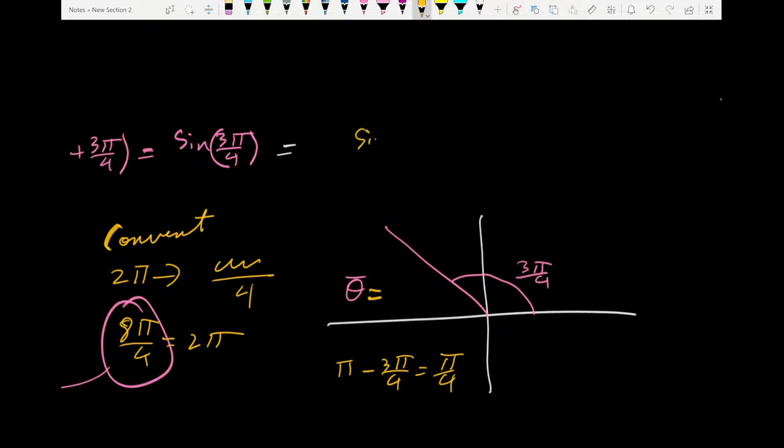So the reference angle in this case would be pi over 4. Now, is sine positive or negative in this quadrant? It's positive in this quadrant because of All Students Take Classes, and that's how we get this. So now we go back to our table, and sine of pi over 4 is positive square root of 2 over 2.